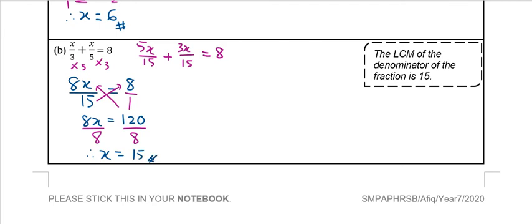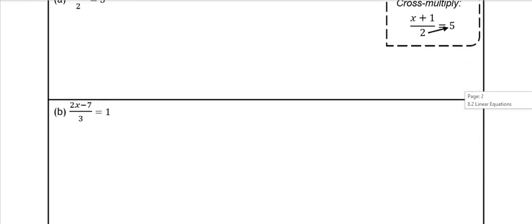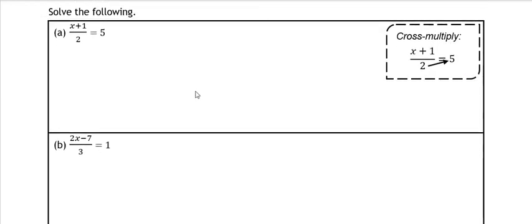Right, let's move on to the next one. This is already simplified, so you can also apply cross multiplication. But since 5 is 5 over 1, you don't need to cross 1. You just have to cross this to the other side. So what you have next is x plus 1, and you don't have any denominator because it is moved to the right side.